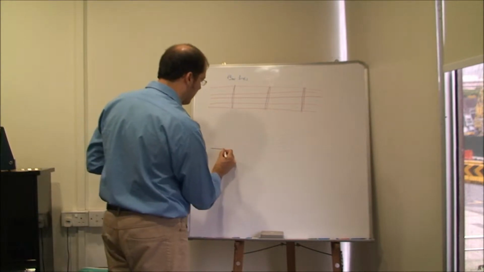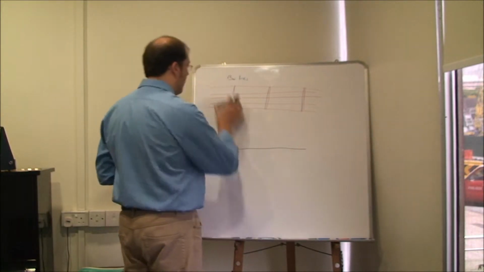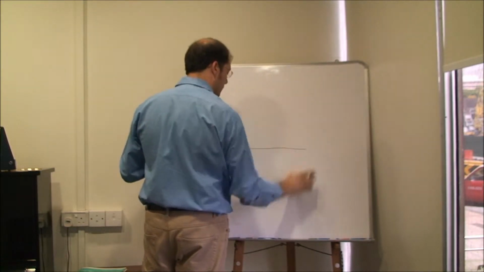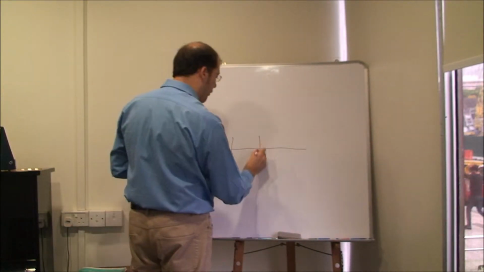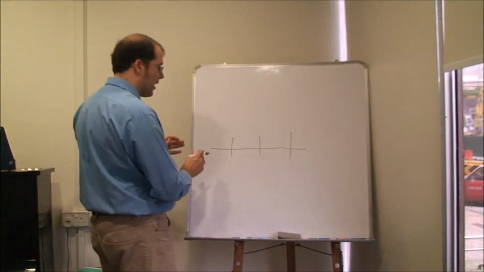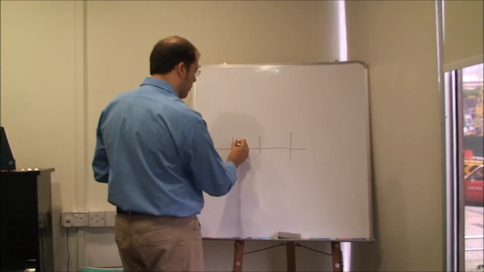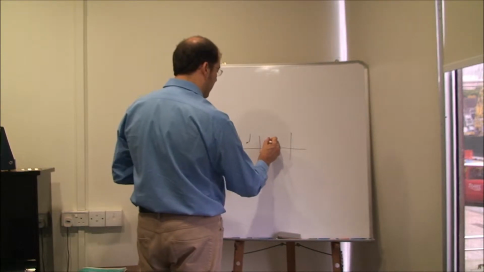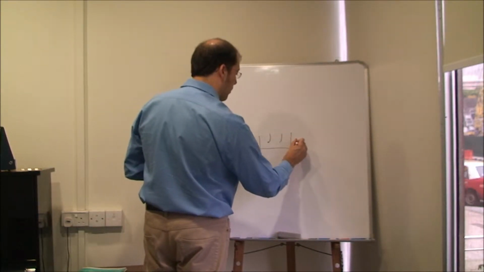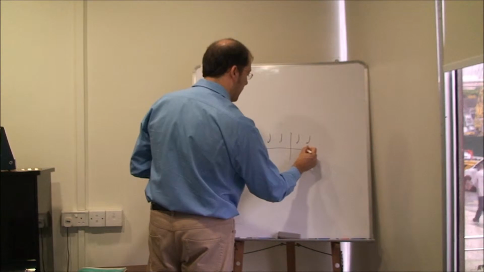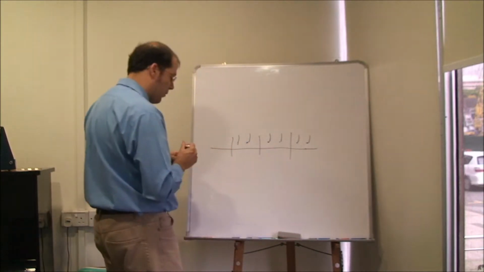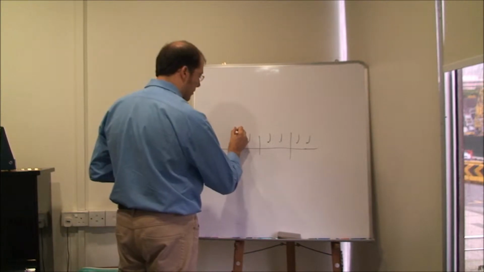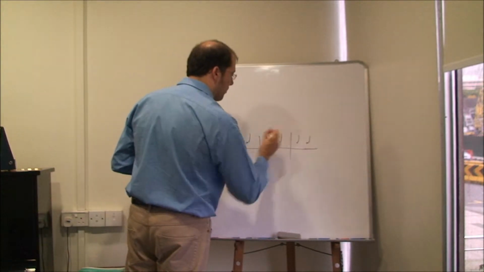So if we go back to our line over here, and we add some bar lines onto that line, what these lines are telling us is that in between these lines there's a group of notes, and that these notes are grouped together. In music, the way we indicate that is we accentuate the first one of each group.